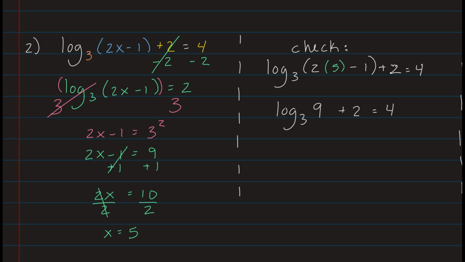Now notice I've gotten rid of my parentheses here. I've done this because I now only have one term as my argument. So there is no need for parentheses. Could you have put them there? Yes. But there's no need. You now see it's just log base 3 of 9, and then after the log is the plus 2.